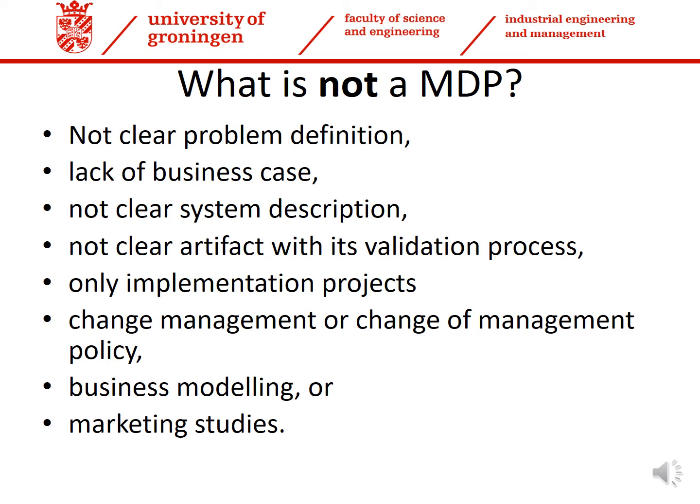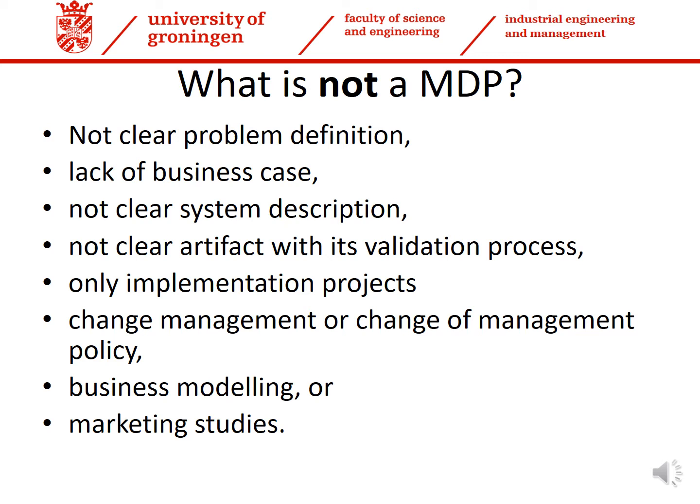You got interviews, you got technical information, and you try to build a story with not only the problem, but also the business, your system, what's going to be the artifact. And in general, those elements are not clear from the very beginning. And given that fact, it means that we are not in the right path to have actually a master design project, not even a proposal, approved proposal.